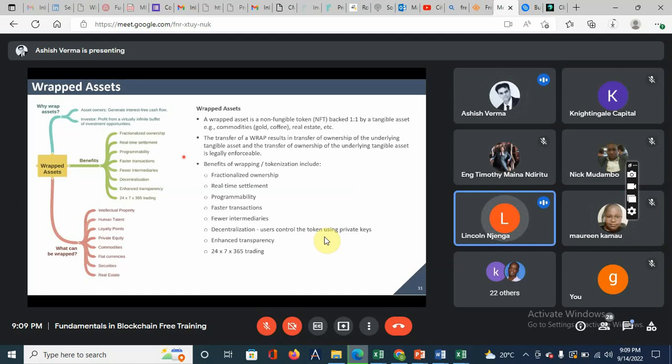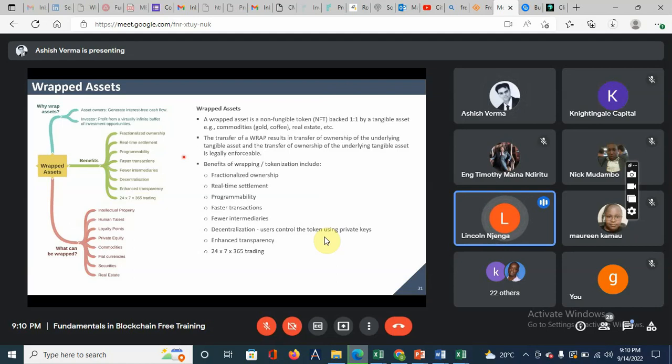Ashish, Lincoln here again. Just staying with the smart contract, and maybe it's good that UFA, I think Timothy yesterday, you think is part of UFA. You are looking to use blockchain to store your assets, the UFA assets, and some of those assets may have a title.